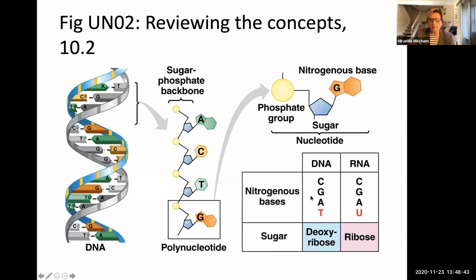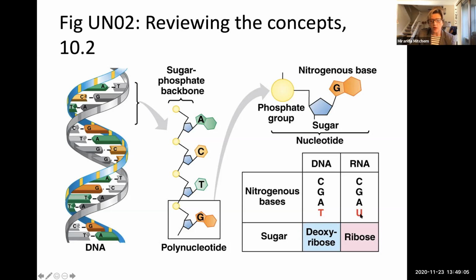And then we've got four nitrogenous bases or nucleobases. In DNA, it is C, G, A, and then T, thymine. Now, RNA has the first three, C, G, and A, but there is no thymine in the RNA molecule.